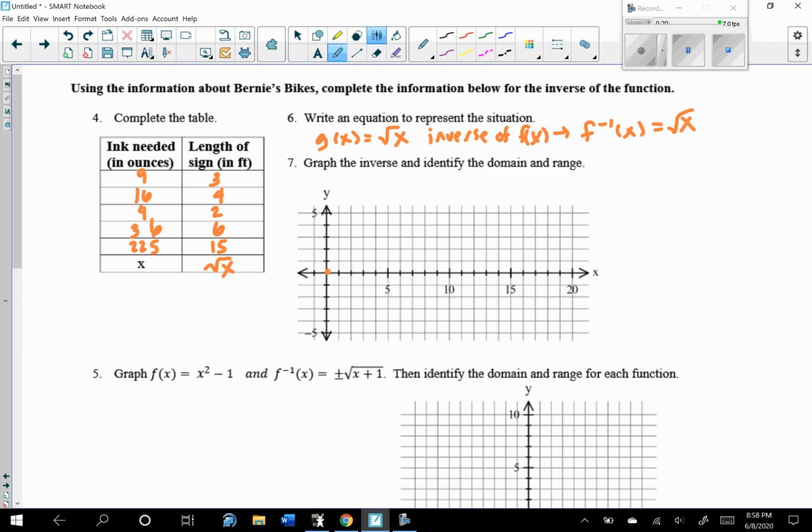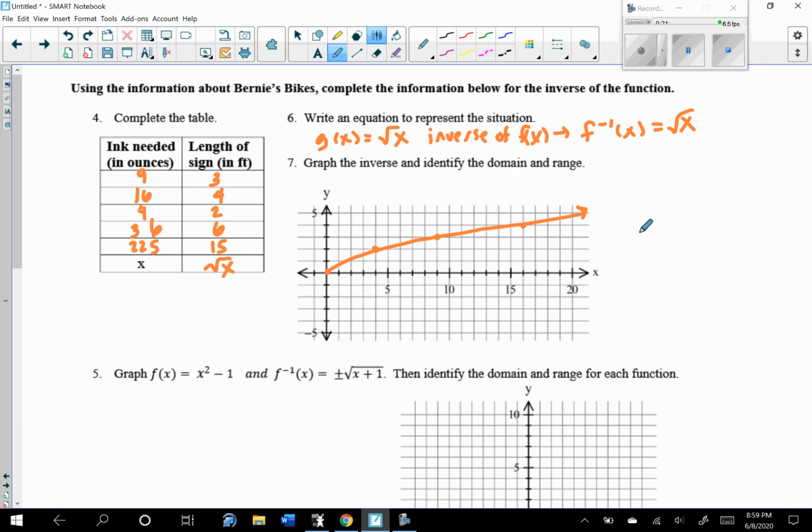So now we can have 0, 0. We have 1, 1, 4 is 2, 9 is 3, 16 is 4. I only picked values that we could take the square root of nicely.